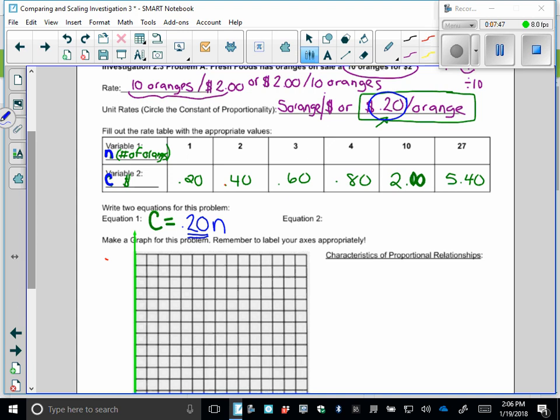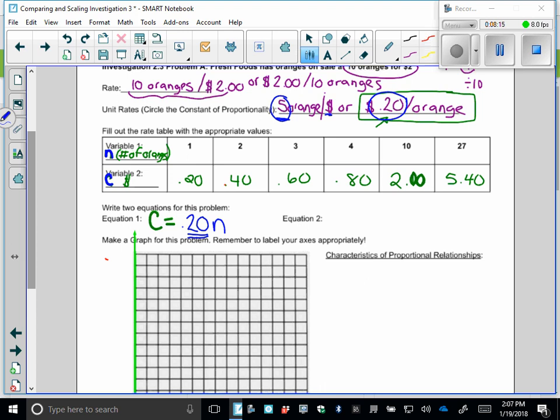Like every time you get another orange, you pay 20 cents. So the constant of proportionality in this equation would be, every time you get another dollar, you can get what? You get an extra dollar, you get, for every dollar extra, you get 5 oranges. So the constant of proportionality is the other number in the unit rate.